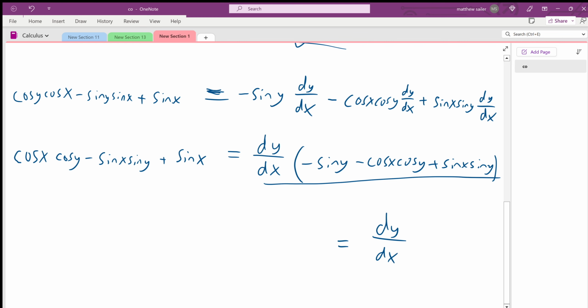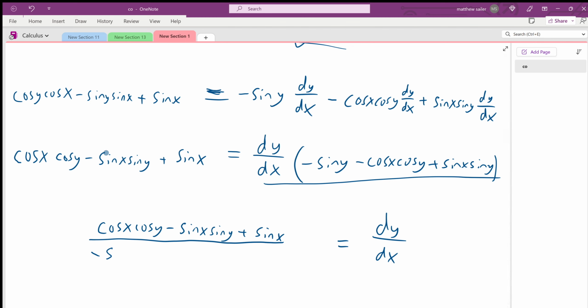So on the left-hand side we now have cosine x cosine y minus sine x sine y plus sine of x, divided by this whole thing: minus sine y minus cosine x cosine y plus sine x sine y.